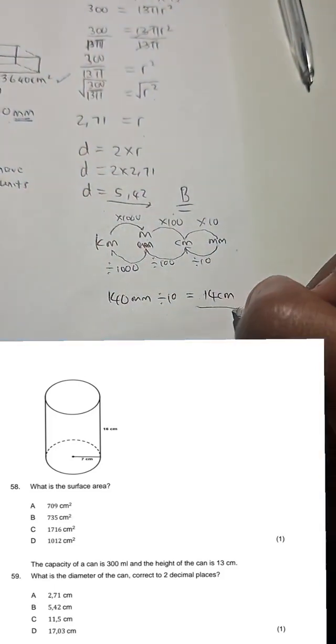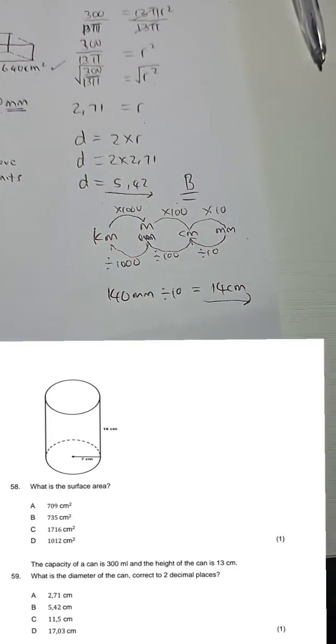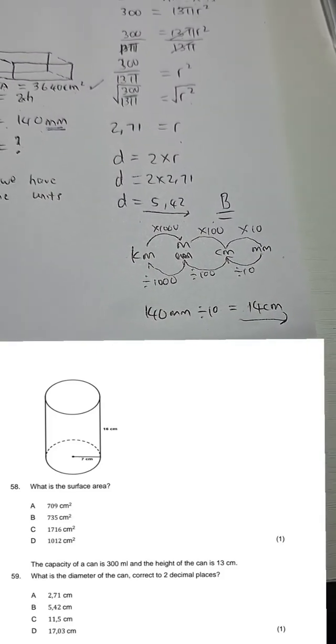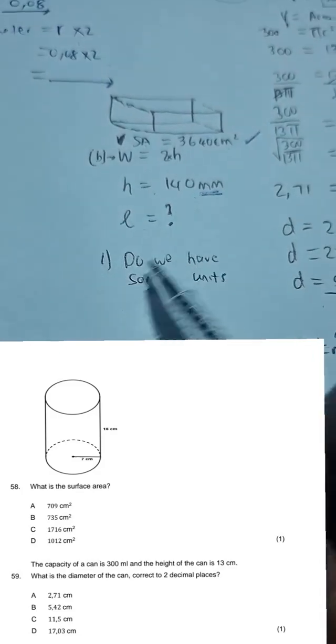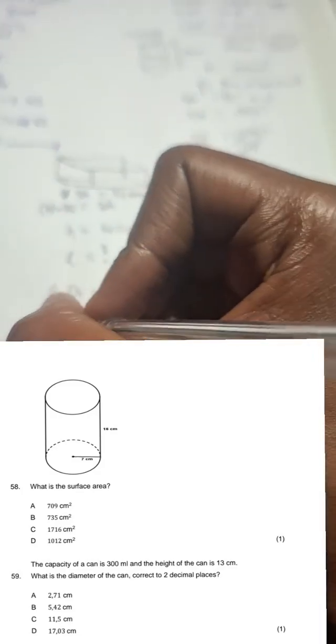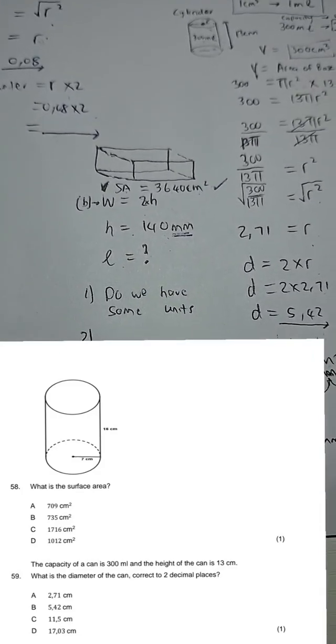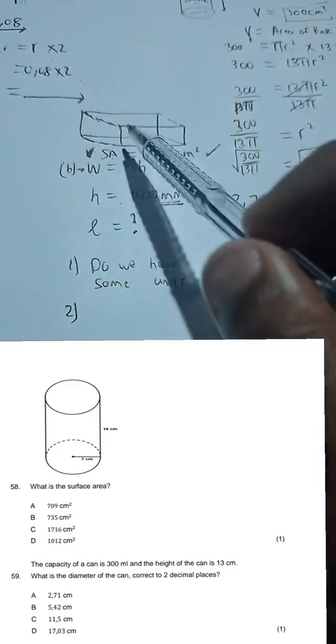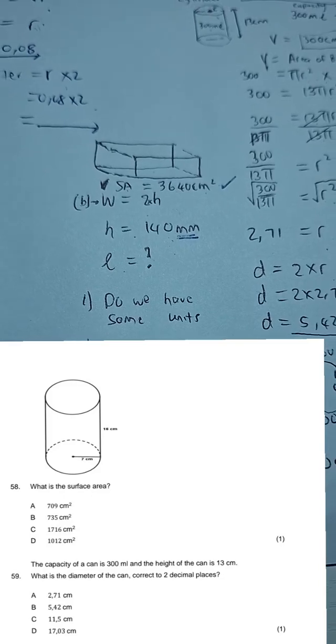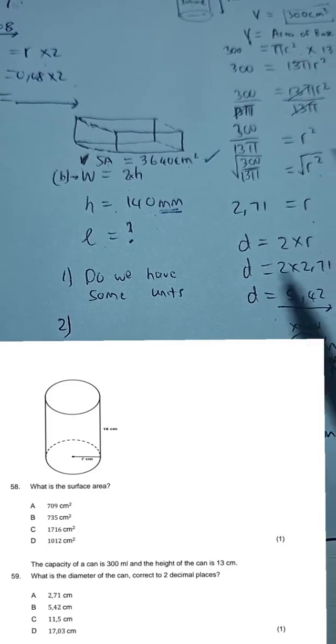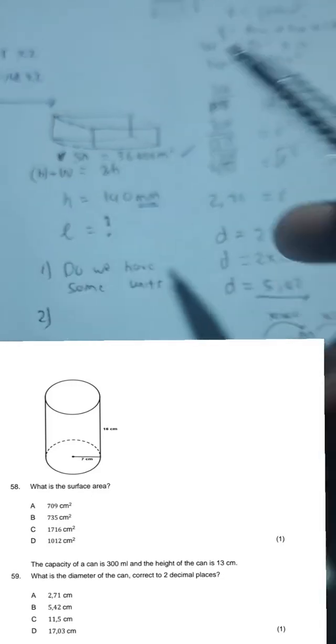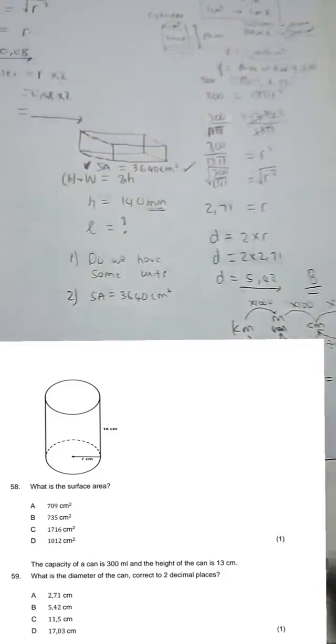Now that we have that, we can proceed with answering the rest of the question. So first question, do we have the same units? Two, do we have all the dimensions of this particular rectangular prism? Very important here. We were told that the surface area is 3,640 what? Centimeters squared. That's fine.